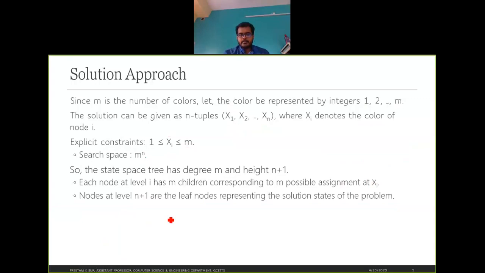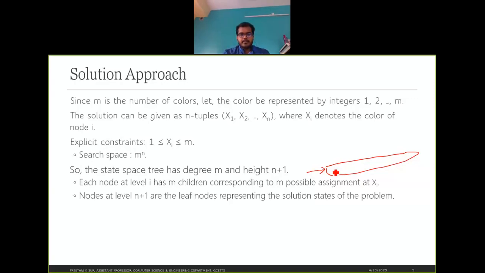Nodes at level n plus 1 are the leaf nodes representing the solutions. So at the bottom we will have the leaf nodes, and in these leaf nodes you actually have all the possible assignments.